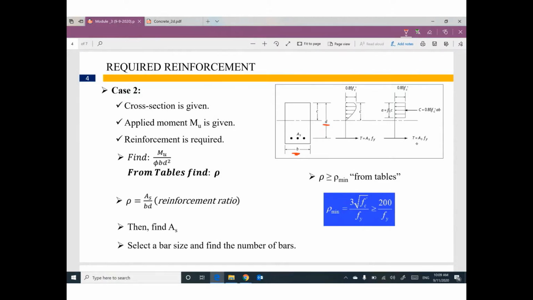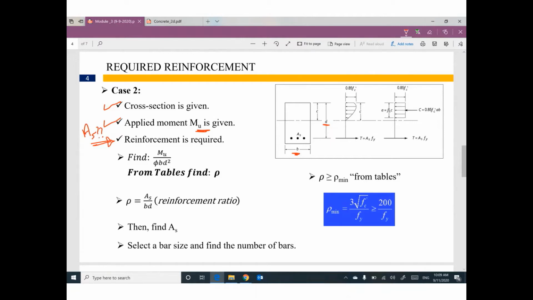I did structural analysis last semester, and I can figure out M ultimate, and I will let you know how to do this just a few minutes later. So the cross section is given, and the applied moment from structural analysis is given. How much steel reinforcement do we need? We need to figure out the steel reinforcement.